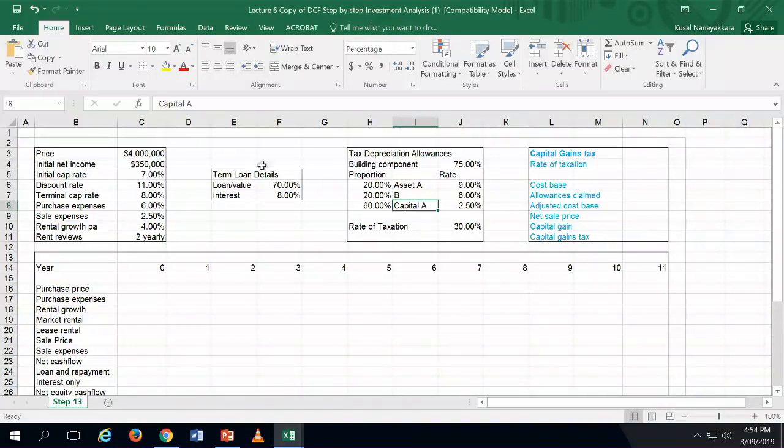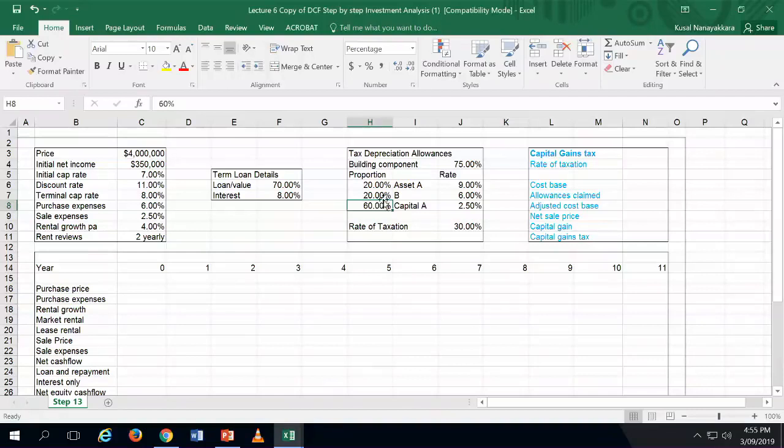Clear? I'm explaining again: the total value of the building is 4 million and 75% of 4 million is building component, which is 3 million. 20% of that 3 million is asset A, which will be taxed at 9%. 20% of that 3 million is asset B, which will be taxed at 6%.